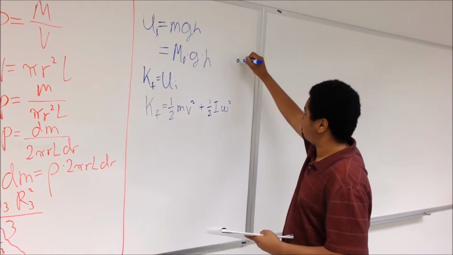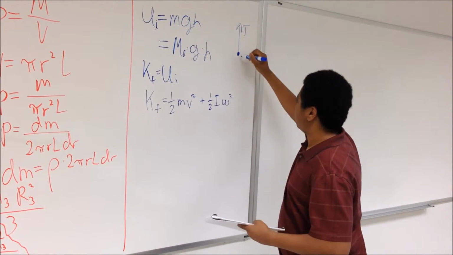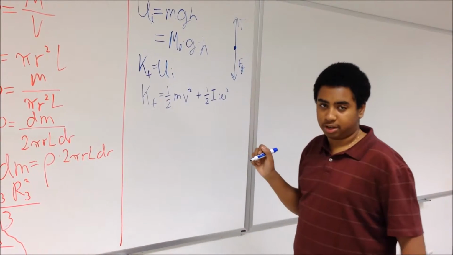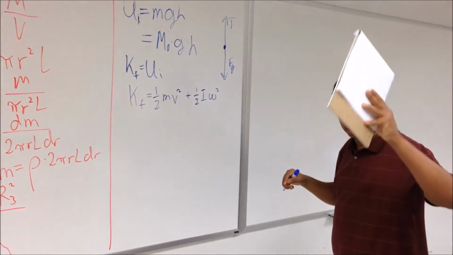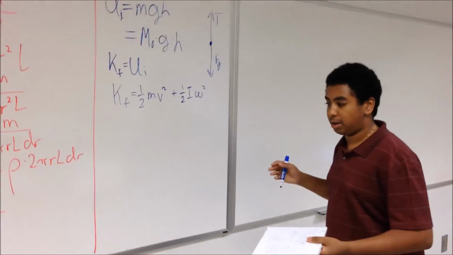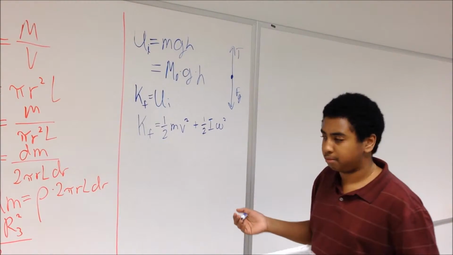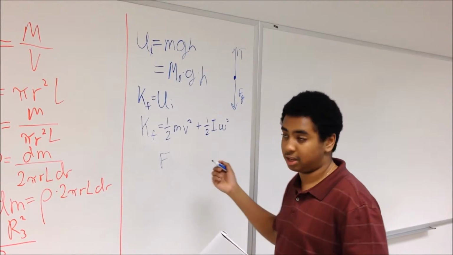So that's going to be the yo-yo, this is going to be tension, and this is going to be the force due to gravity. Because those are the only forces acting on it, and the object is accelerating constantly, because there's no jerk or anything, we can just use the net force to find the net acceleration to find the velocity.